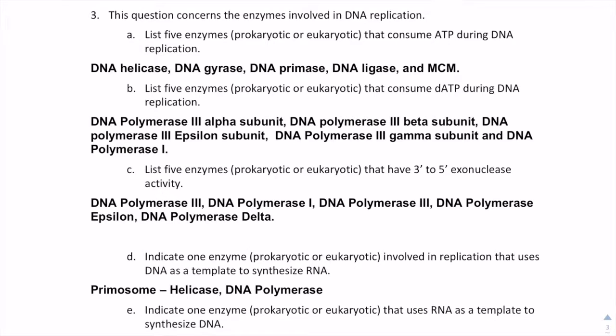So we know from the readings, there's not a lot of explanation to go into this, but the enzymes that consume ATP during replication are DNA helicase, gyrase, primase, ligase, and MCM. The 5 enzymes that consume dATP during DNA replication are the DNA polymerase 3 alpha subunit, beta subunit, epsilon subunit, gamma subunit, and DNA polymerase 1.